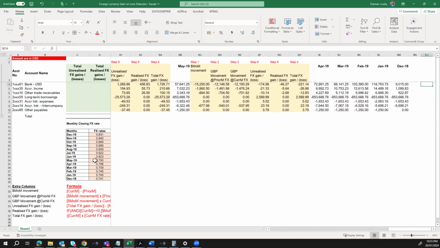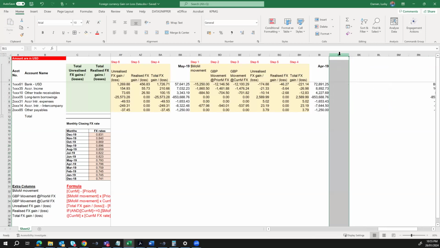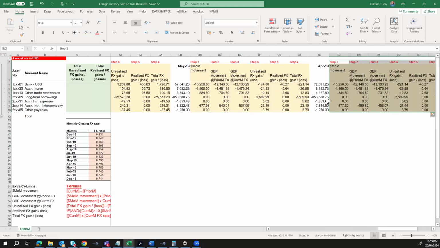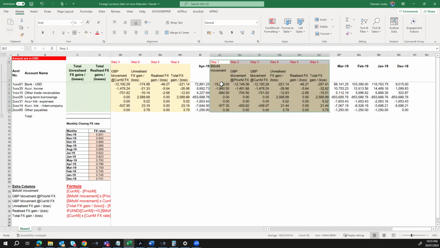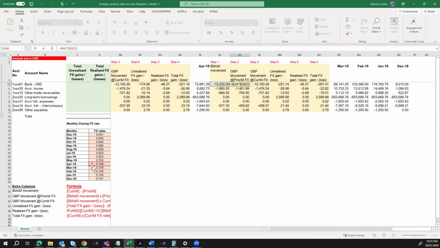Come to between April and March. Copy my steps and formulas. Movement is fine. Step 2 rates becomes March, previous month, and the current month becomes April.